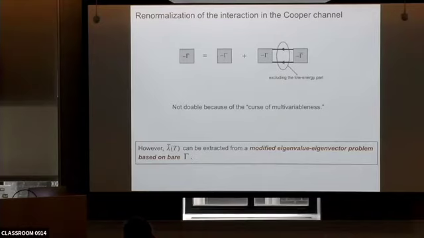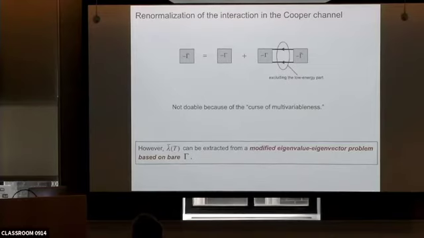So it turns out that rather than solving this problem explicitly, rather than explicitly obtaining gamma bar, we can set up a problem in such a way that without even producing gamma bar, we will be able to extract the main quantity of interest, lambda bar, as a function of temperature.